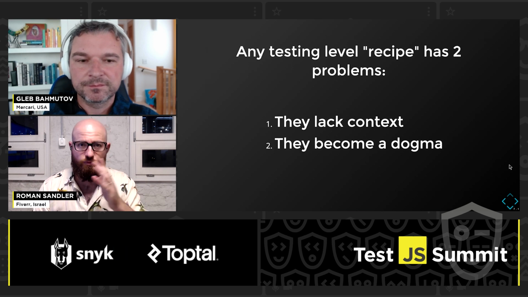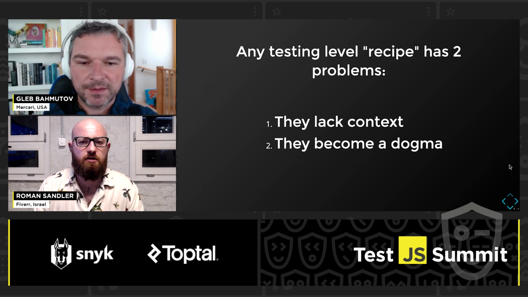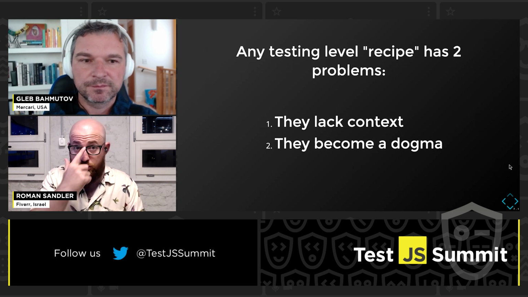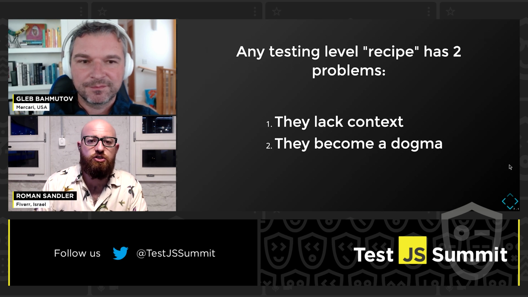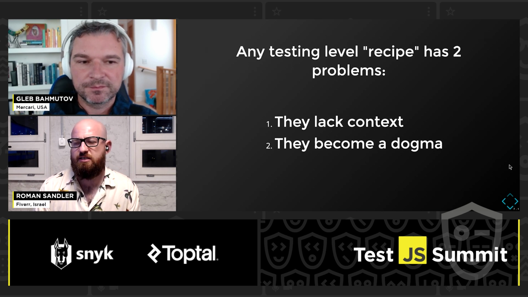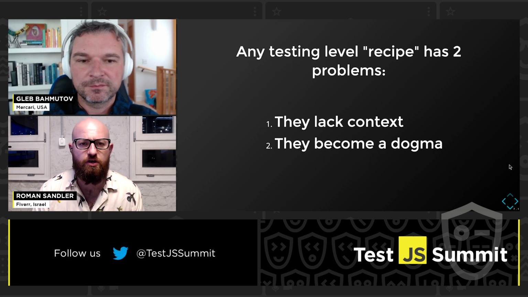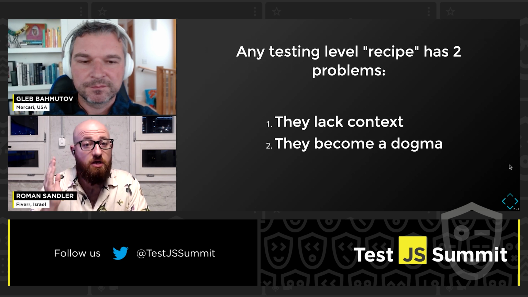Because it's much easier to subscribe to this prescription of, you should have 70% unit tests. It's much easier to just follow that road. Yeah. But I think it creates stagnation, and it potentially makes us, in some cases, make the wrong choice just because we're used to something and we follow this rule.